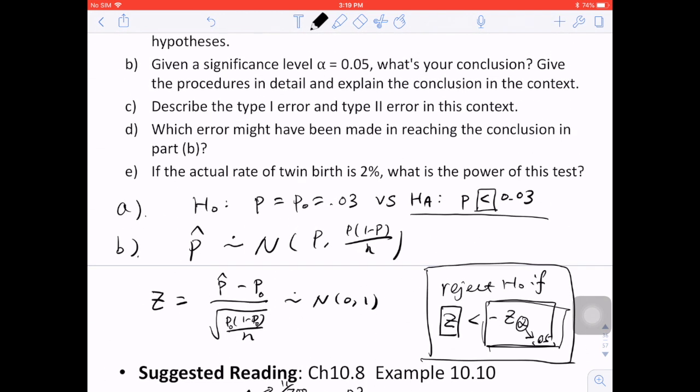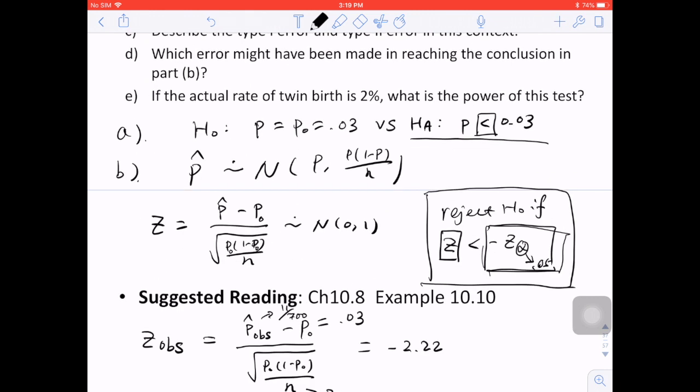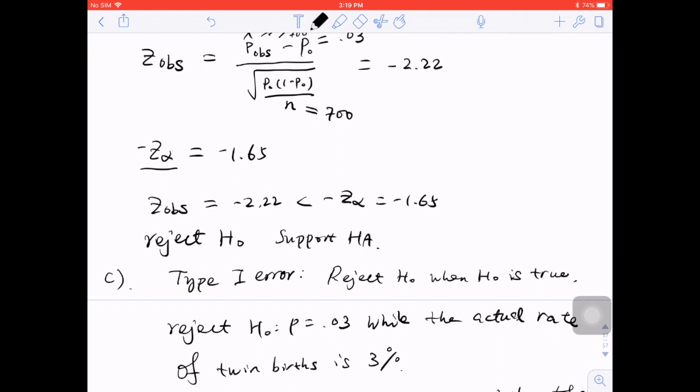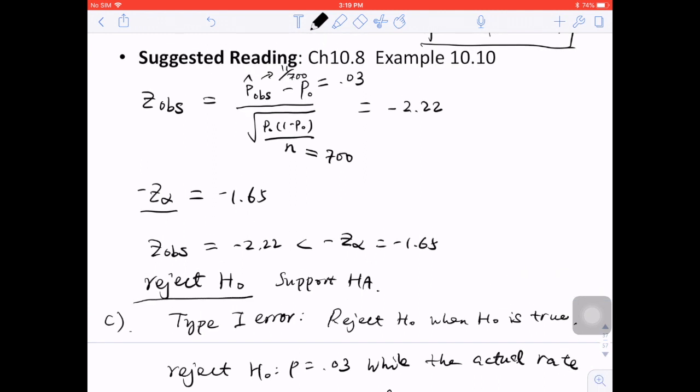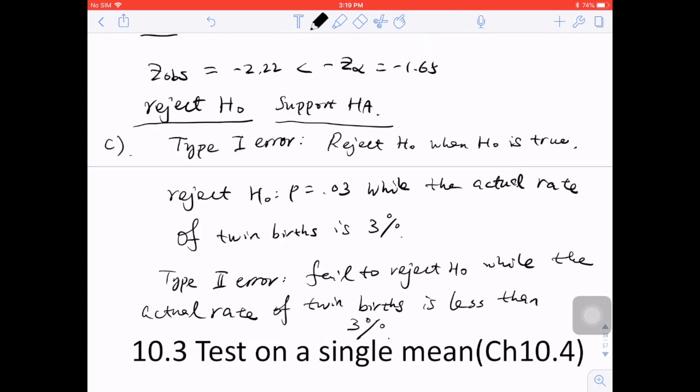Okay, question D. Which error might have been made in reaching the conclusion in B? So our conclusion from B is to reject the null hypothesis and support the alternative hypothesis. Okay, because our decision is to reject the null hypothesis. So which kind of error can we make based on this decision? So of course is type 1 error, right?